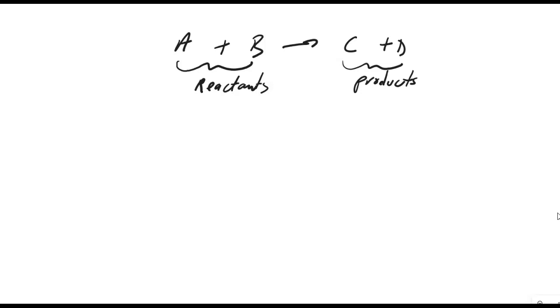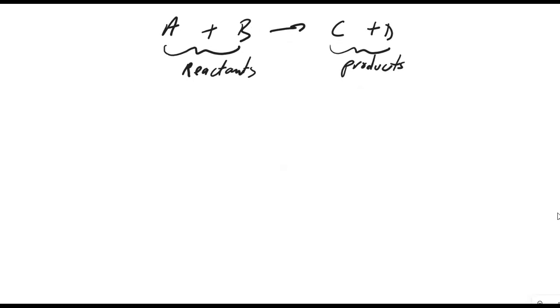Okay, so what's an example of something like this? Well, if I take some hydrogen gas, that little G in parentheses means gas, and I react it with some nitrogen gas, I'm going to get a substance called ammonia, which is also a gas.